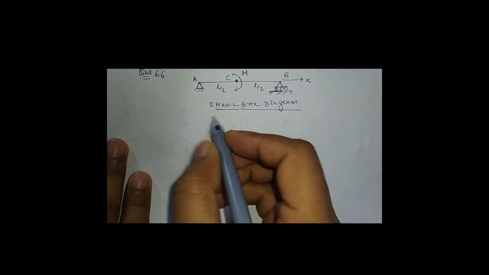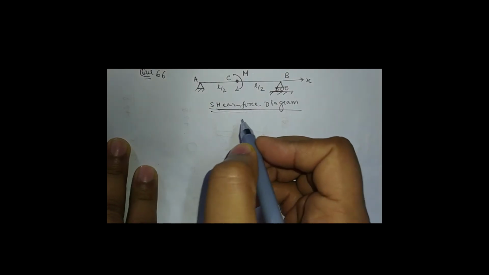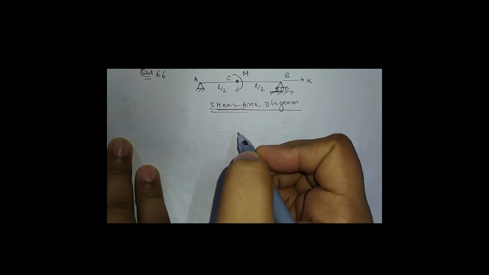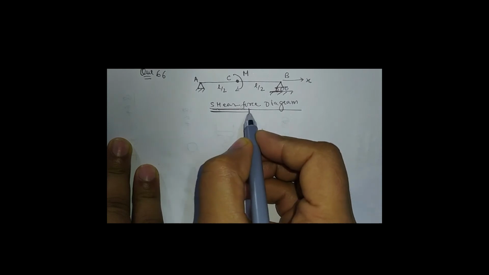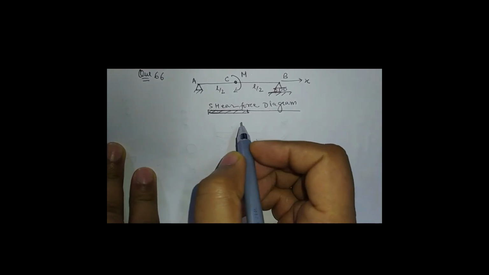First, we have to remember we have to find a shear force diagram. As in the options their bending moment diagram is also given, so don't go for the bending moment. You have to know what is asked in the question. Here shear force is asked.